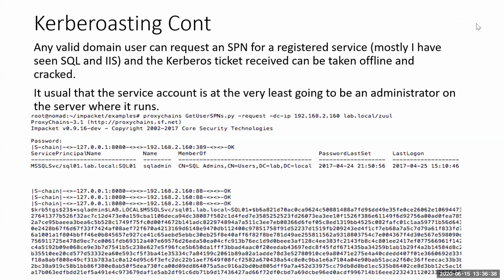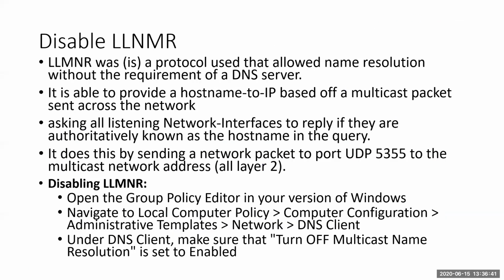Okay, so back to LLMNR. LLMNR is a protocol that allows name resolution without the requirement of a DNS server. It's able to provide a host name to IP mapping.